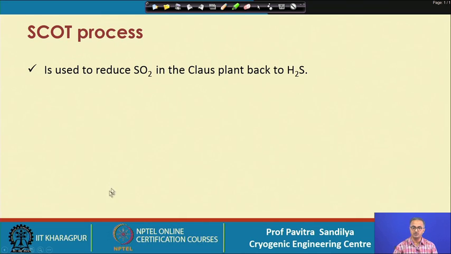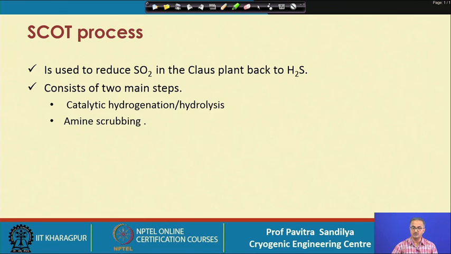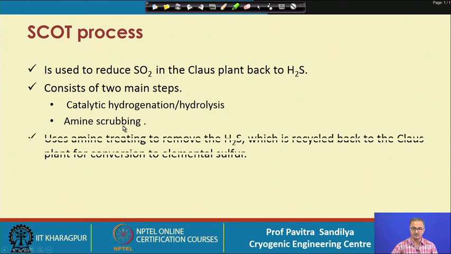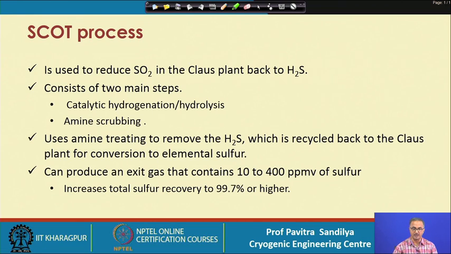It is used to reduce the sulfur dioxide in the Claus plant back to H2S, as we learnt earlier about this Claus process. Here it consists of two steps: one is the catalytic hydrogenation or hydrolysis, and another is the scrubbing with amine.